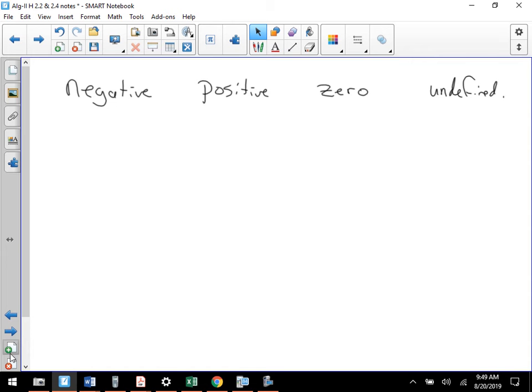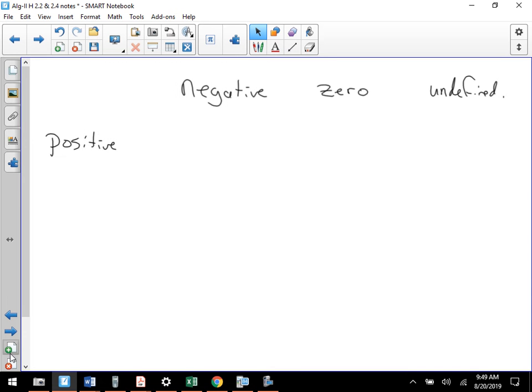Again, when you're dealing with slopes and you're dealing with the 4 types, obviously you've got negative, positive, 0, and undefined. Now, what I want to do is switch these two just in the order, because it's just me. And what I like to do is relate this to what they look like, okay?